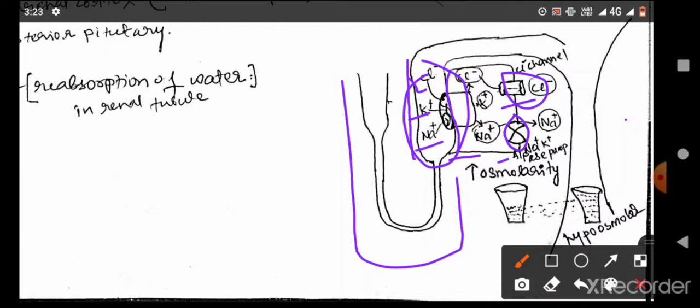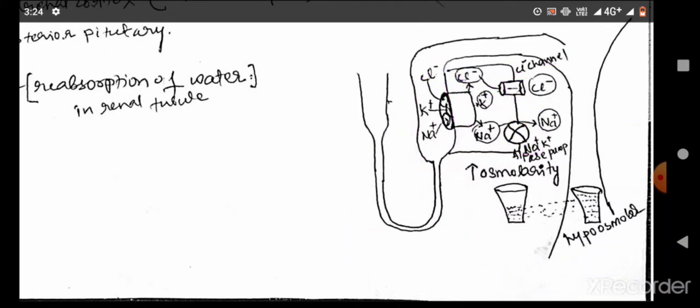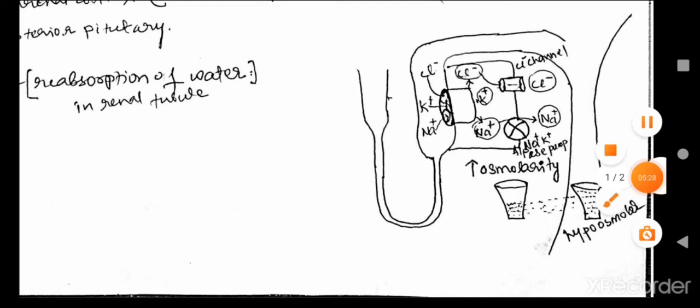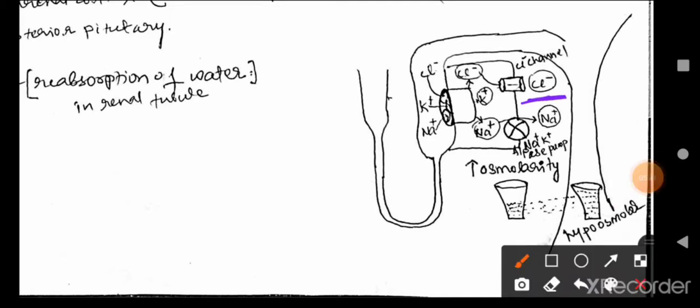This is the sodium potassium 2 chloride symport on the apical membrane of the epithelial cell, and on the basolateral membrane there is a chloride channel for the exchange of chloride ions and the sodium potassium ATPase pump for the exchange of sodium and potassium. And this space is the interstitium, and this is the collecting duct.